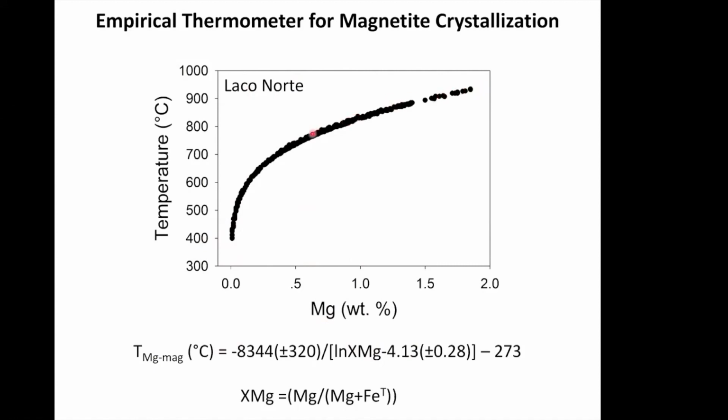And they show this beautiful cooling trend where the most magnesium-rich magnetite crystallized at what we would think of as igneous-like temperatures, and then magnetite at Laco Norte just systematically shows lower temperatures, which are indicated by lower magnesium concentrations.